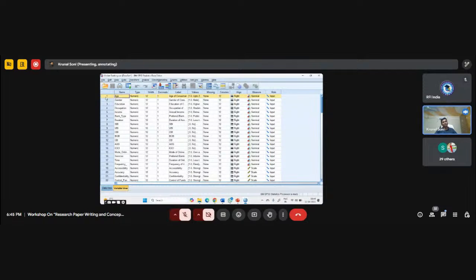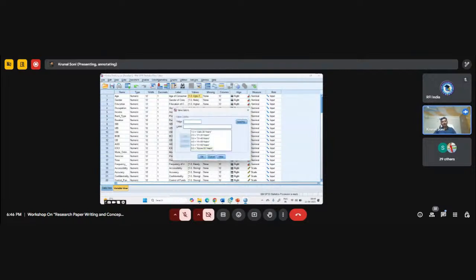So these are socio-demographic profile variables. Over here in SPSS, you have to define the measures. Can you see nominal, ordinal, and scale? So if you are seeing this age, where the age has been asked in this sequence, is it nominal or ordinal?